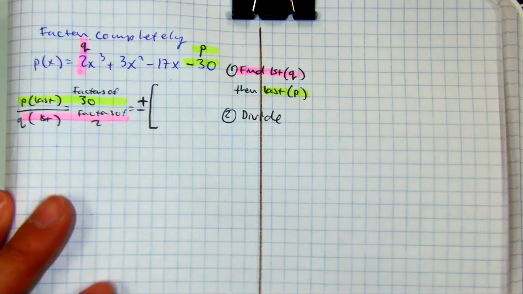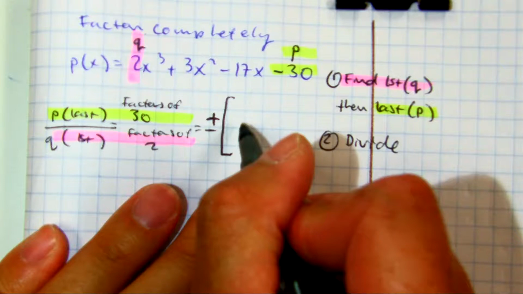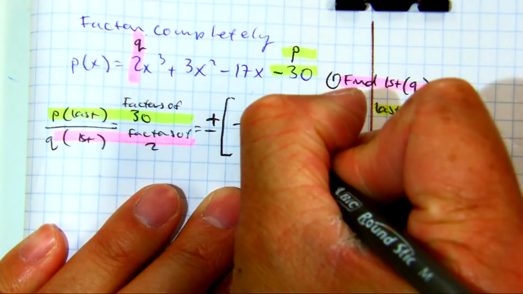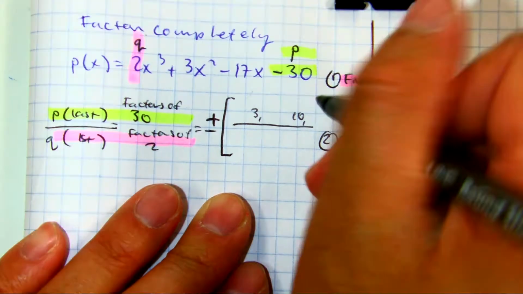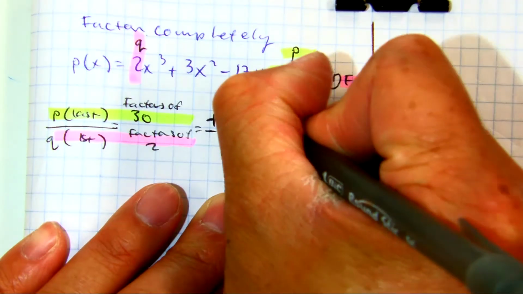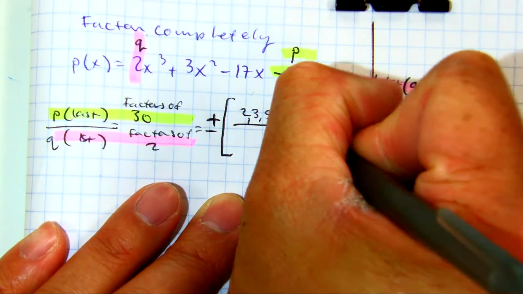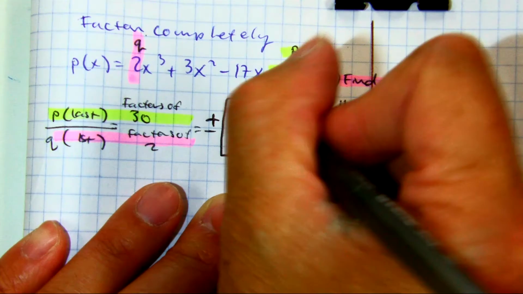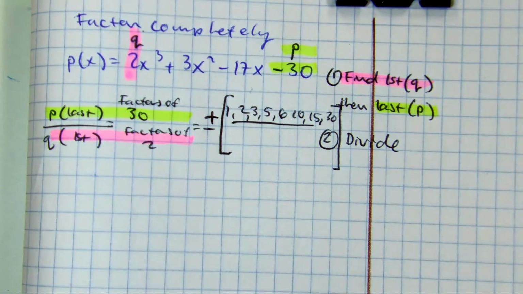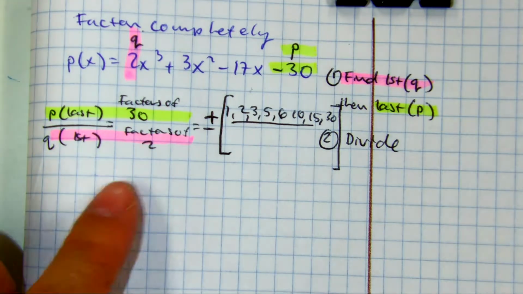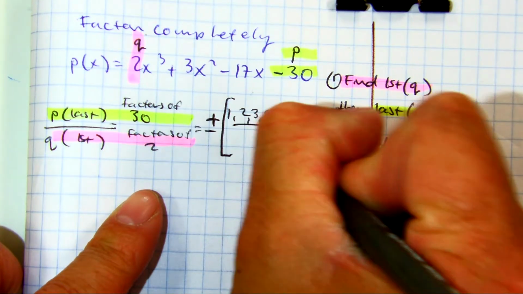Class, what are all the numbers that multiply to be 30? 3 times what? 10, okay. 15 times 2. 5 times 6. 1 times 30. And what are all the factors of 2? Just 1 times 2, right? Okay.